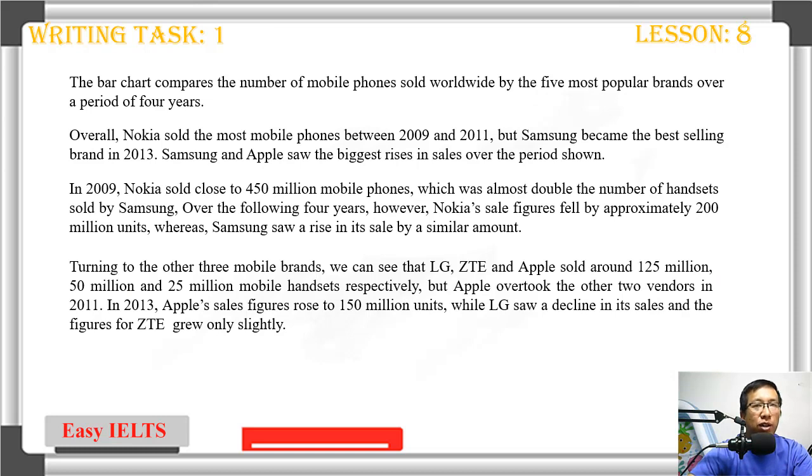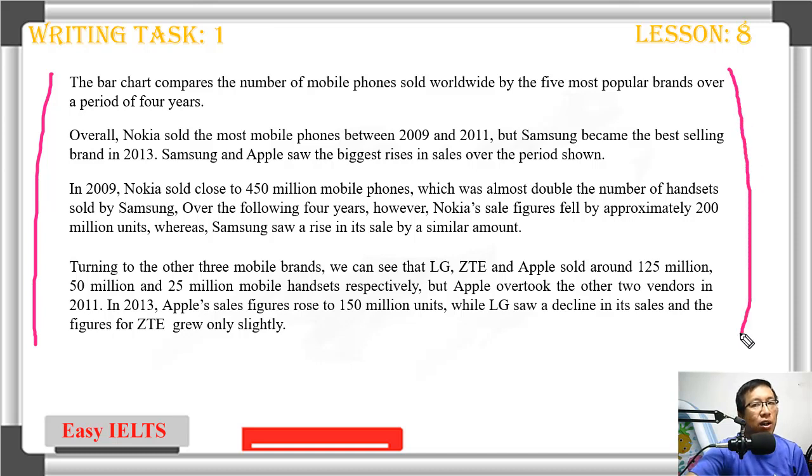So now we have the whole essay. You're going to write this down and read it over and over again. Try to understand the structure that we use. I'm going to teach you later, but not today, like this structure: double the amount of handsets, and rose by a similar amount, something like this.